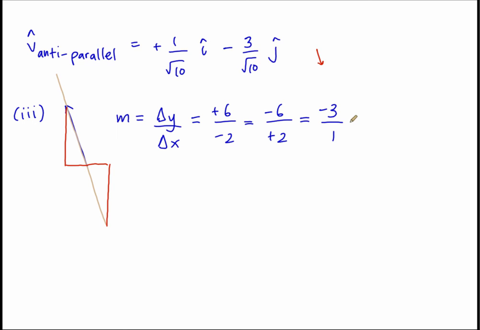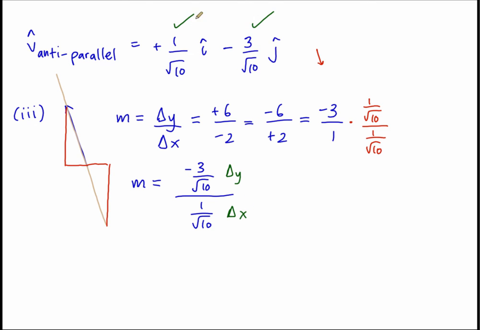In fact, we can scale this fraction any way we like. We can scale it by multiplying by 1 in the form of anything over itself. And if we do this with the fraction of 1 over root 10, we can see that the slope is equivalently negative 3 over the square root 10 divided by positive 1 over the square root 10. And this indeed gave us the rise and the run that we just saw previously in the antiparallel unit vector.